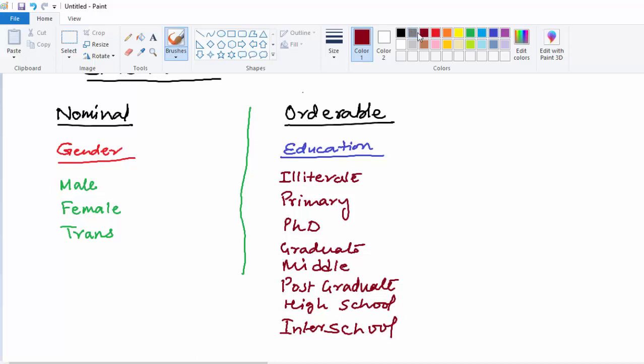So we see how many categories are here. As you see, 1, 2, 3, 4, 5, 6, 7, 8.